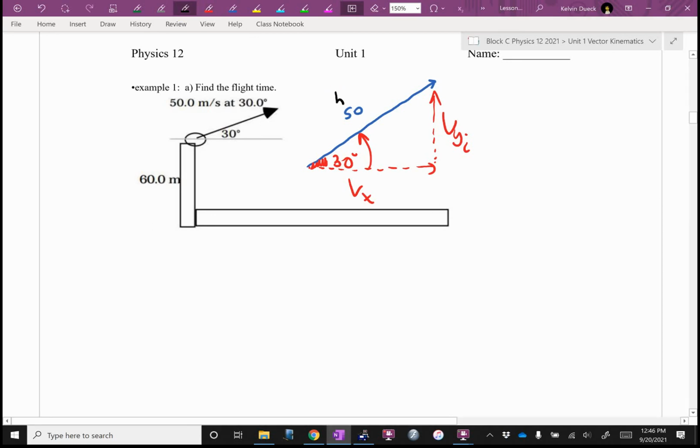What about Vx? What about Vy? Which trig function is Vx going to be? Cos? And Vy is going to be sine.